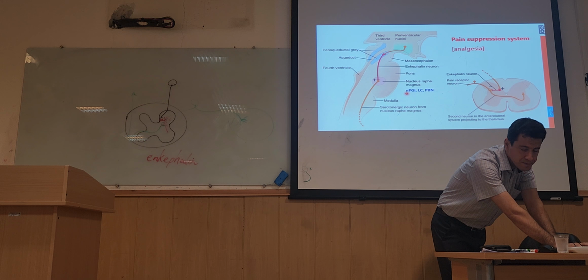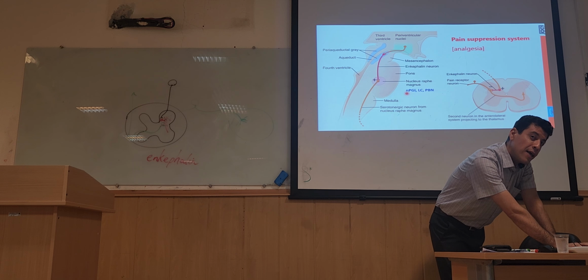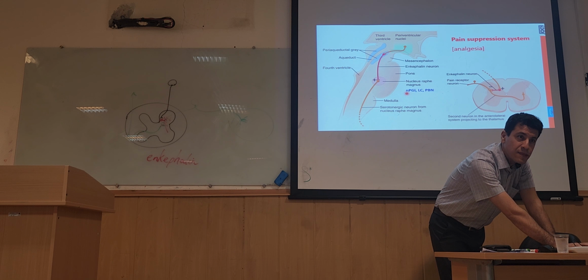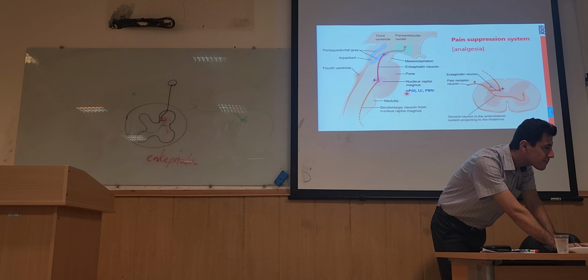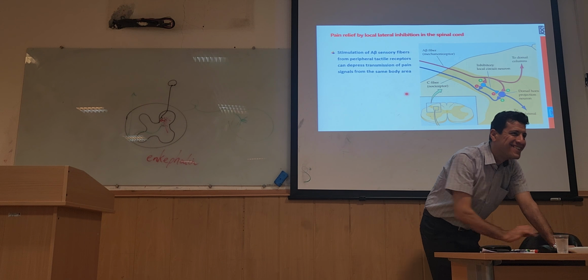C fibers in the dorsal horn are not part of the analgesia system. They're part of the pain system. Or I may give another option: substance P neurotransmitter from C fibers. Not part of the analgesia system. I think it's easy, right? We'll see.